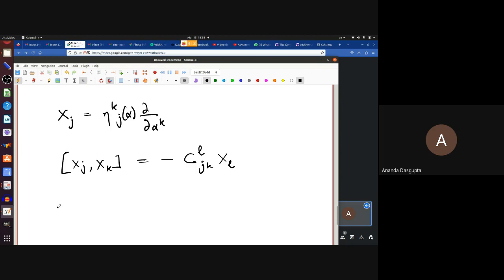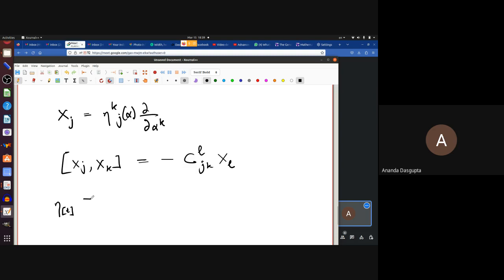Now, what you can do is given a tangent vector t, let's say, we will say eta square bracket t is by definition minus tjxj.